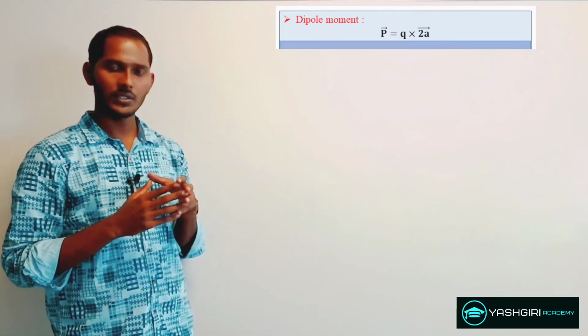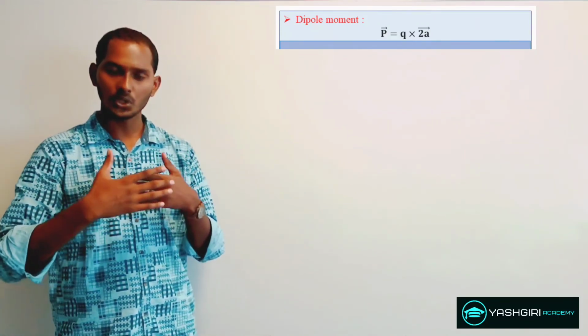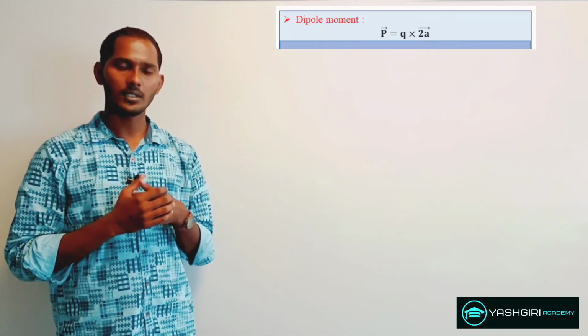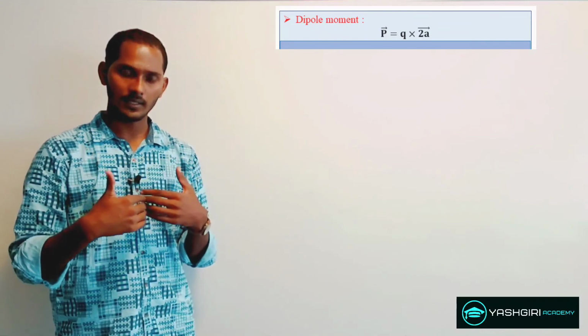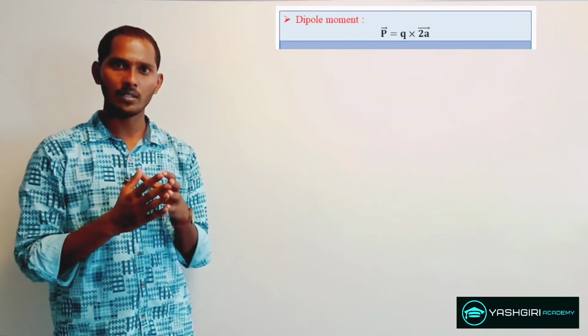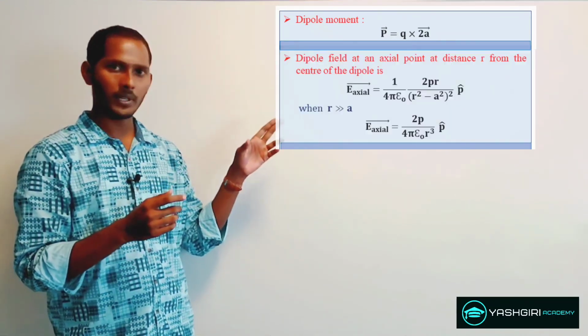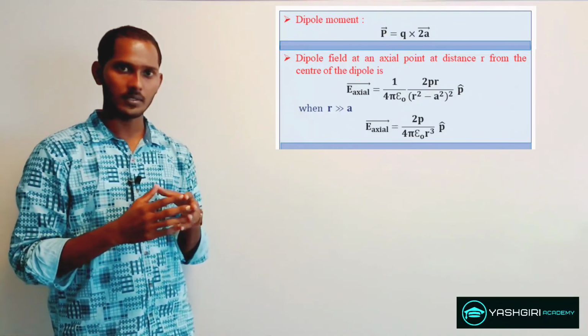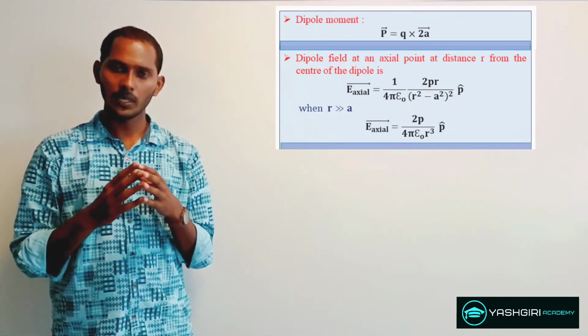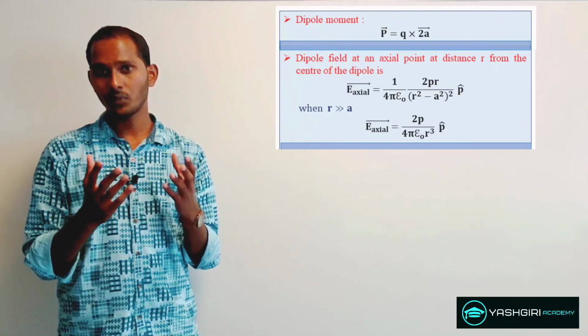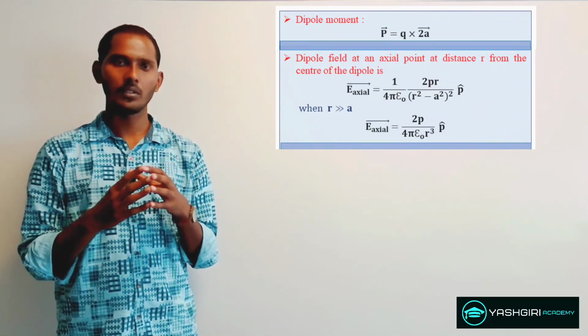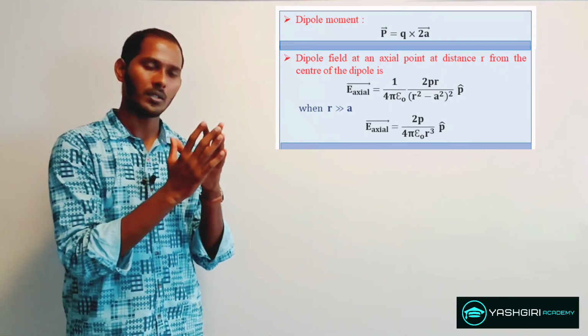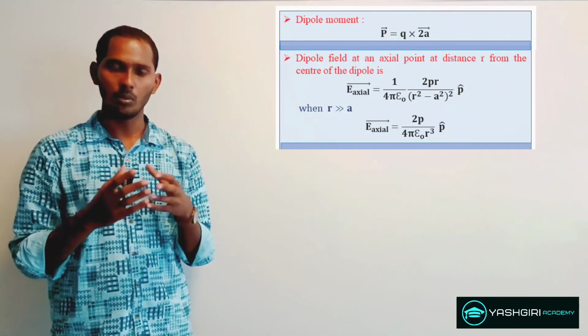And if you consider the dipole to be a short dipole, that is the distance of separation is very, very less than the distance at which you are going to measure, then you can write the same expression as something like this. Here the point to note is that the direction of the electric field is exactly in the same direction as that of the dipole moment.